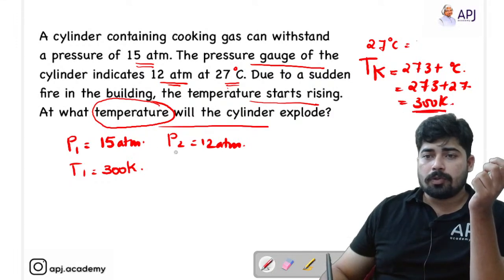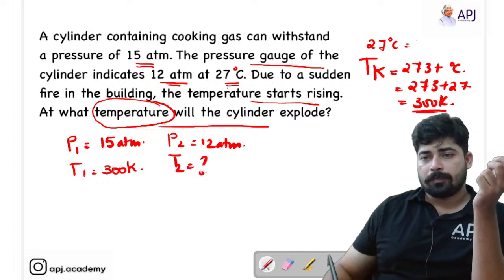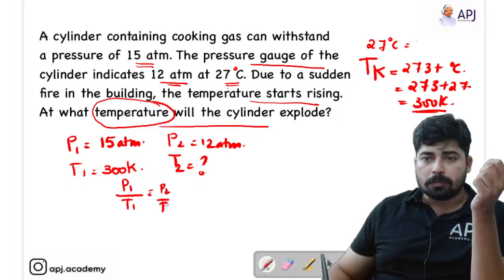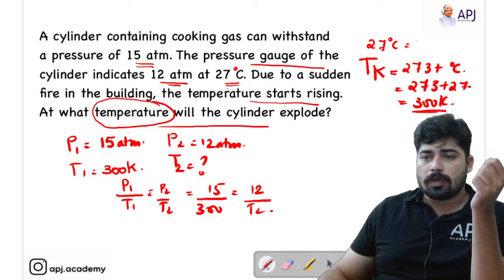So what you have to find out is the T2 temperature. P1 by T1 is equal to P2 by T2. P1 is 15, T1 is 300, equal to P2 is 12, and T2 is what you have to find out. Here I can cancel this with 15 one time, here it will be 20.